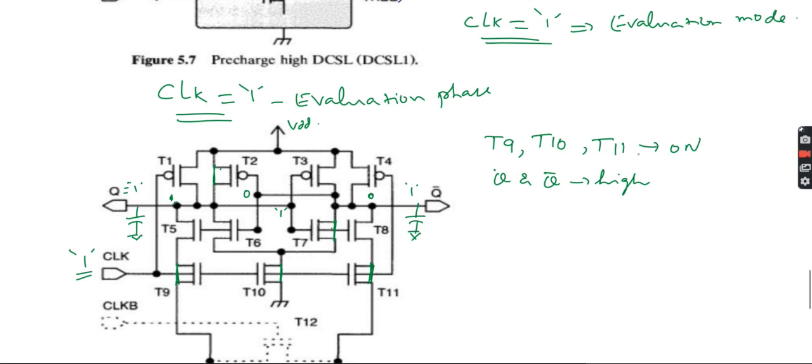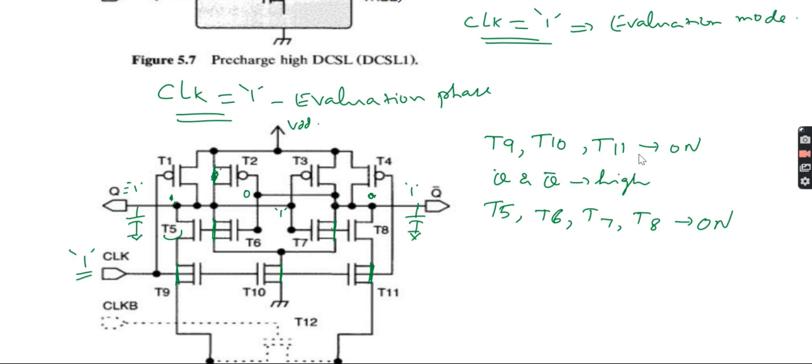that T5, T6, T7 and T8 are on actually. Where is T5? See here. T5 will be on because, earlier it was 1, right? During that clock cycle, don't think about this. Earlier it was 1, then this is 1, then that is 1, so even this will be on.